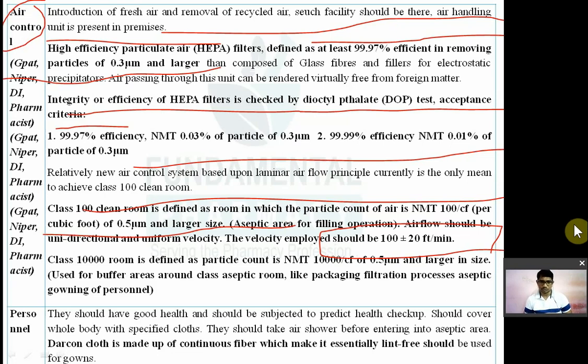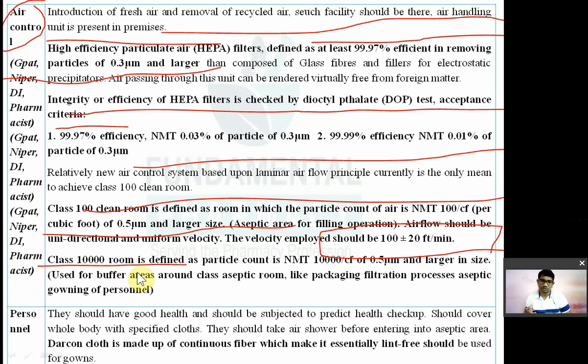So class 100 means clean room area or aseptic filling area or grade A area. Now what is meant by class 1000 area, class 10,000 area, class 1 lakh area? There are different types of area depending upon the purpose. So aseptic filling and sealing, the final step, जो है वो clean room area होता है, class 100.